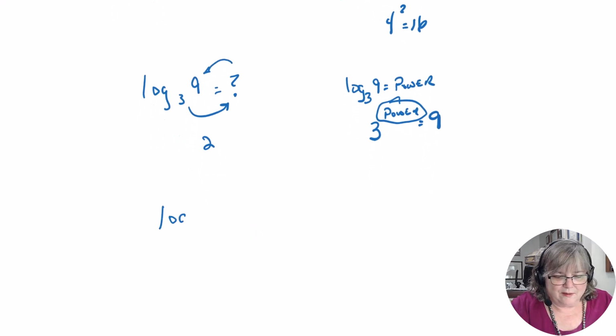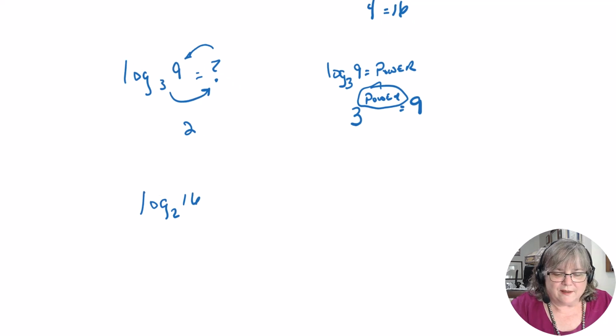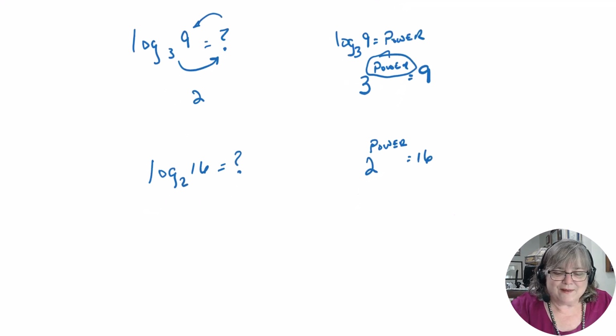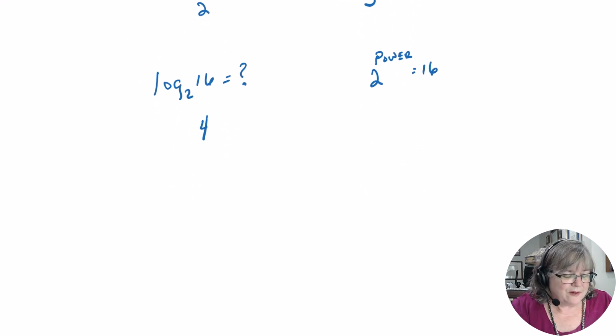So log base 2 of 16, we're saying that might be equal to a number. What you're asking is 2 to some power equals 16. So what would you have to raise 2 to, to get 16? Well, the power would have to be 4, so that reduces down to a 4.